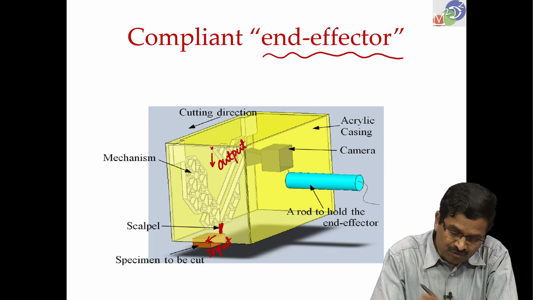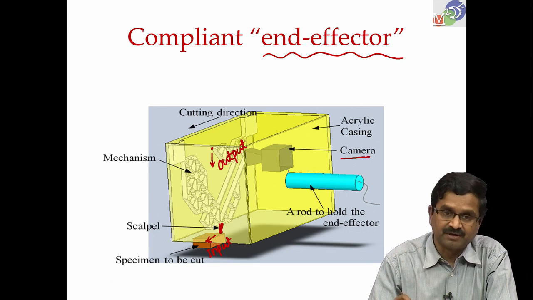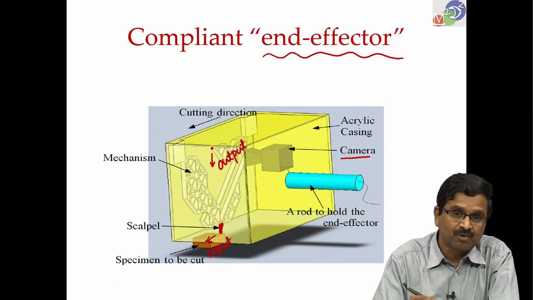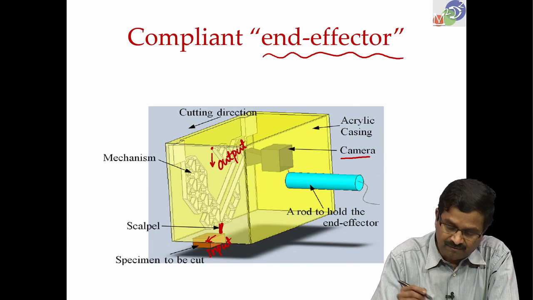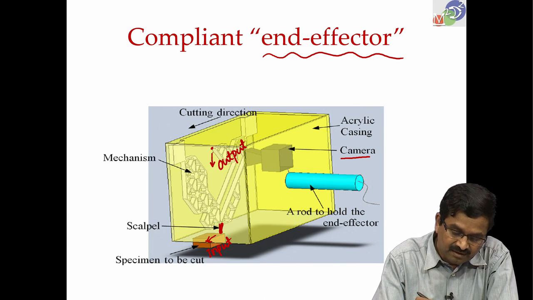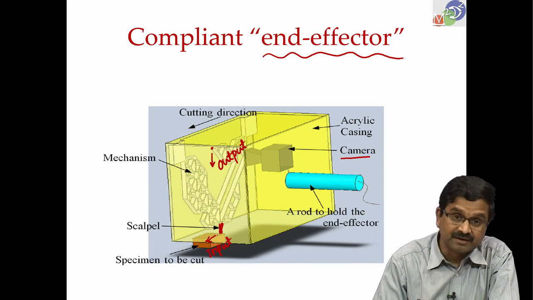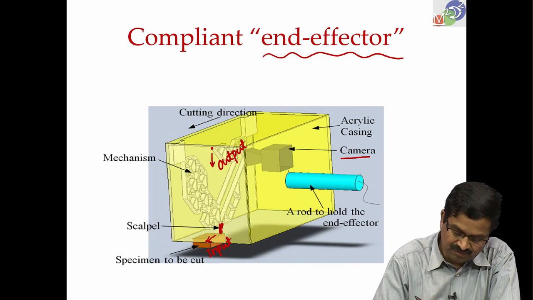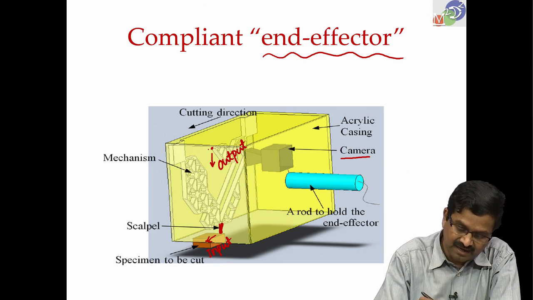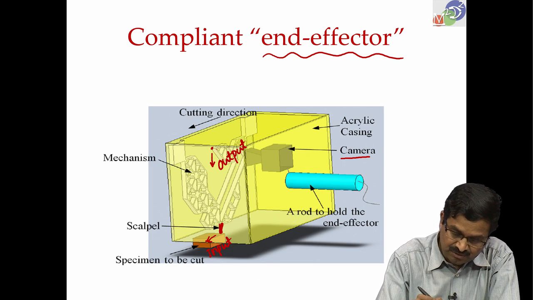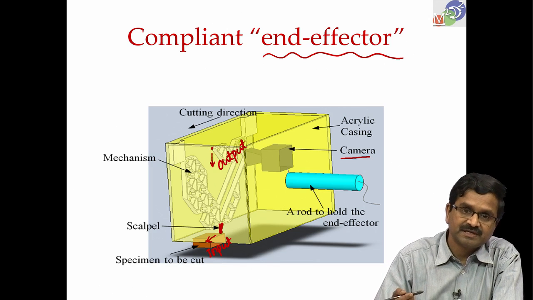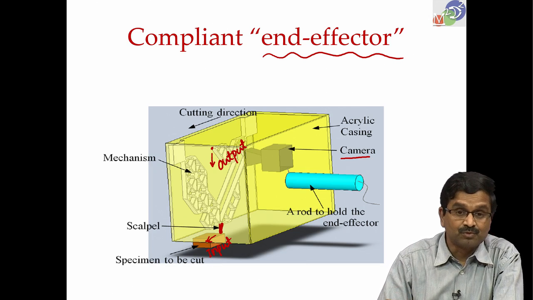This movement is seen through this camera and there is a computational model of the compliant mechanism from which we know the force applied over here. So, we have modeled the mechanism, if you know the displacement here and here, or just the camera is looking at this displacement, we can estimate what the force is.